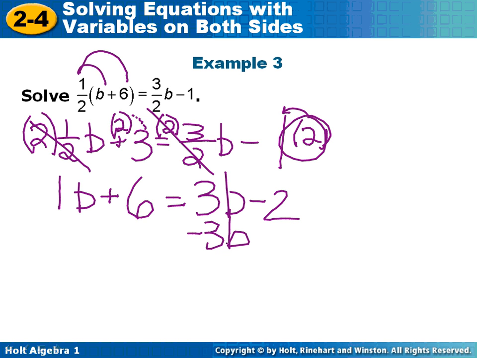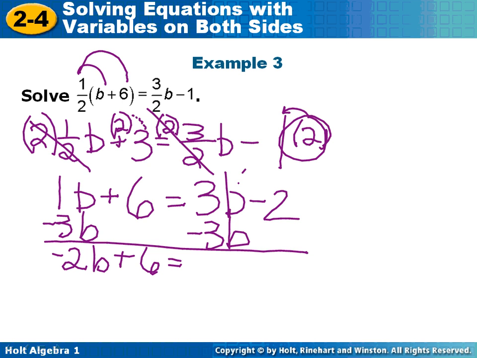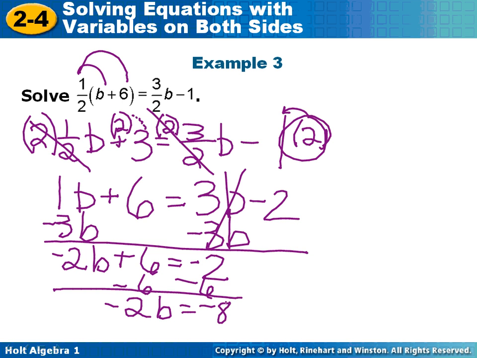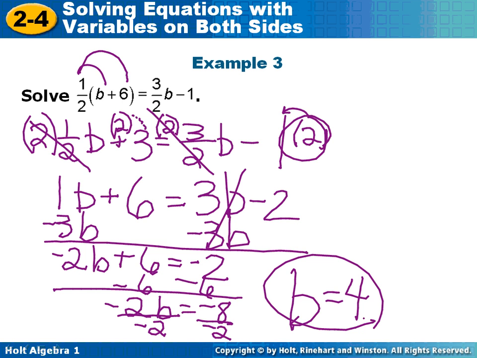Letters to the left, I get negative 2b plus 6 equals, they cancel, don't put down 0, negative 2. Numbers to the right, negative 2b is negative 8. You divide by the number in front of the variable, which is a negative 2. And your final answer is b equals 4.